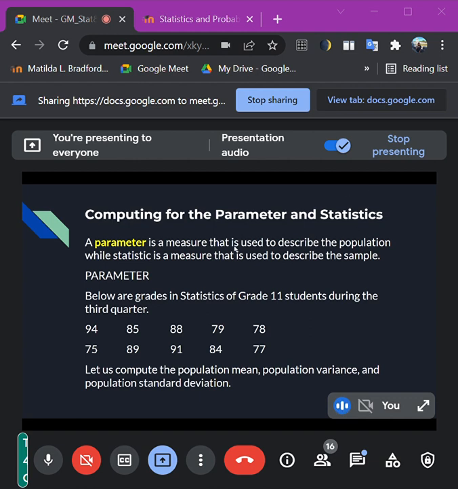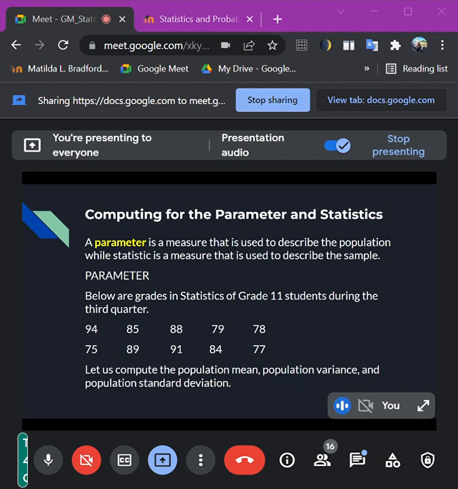Remember: parameter, population, P P; statistic, sample, S S. We have an example. Below are the grades of grade 11 students during the third quarter: 94, 75, 85, 89, 88, 91, 79, 84, 78, 77.